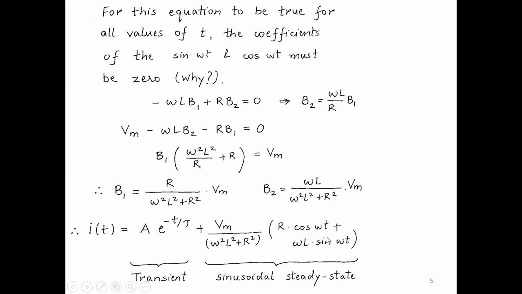Steady state, because this is the response of the circuit once the transient has died out. So once the transient dies out, we say that the circuit has reached sinusoidal steady state. This is a very important thing to recognize. We'll talk about this more just in a minute.